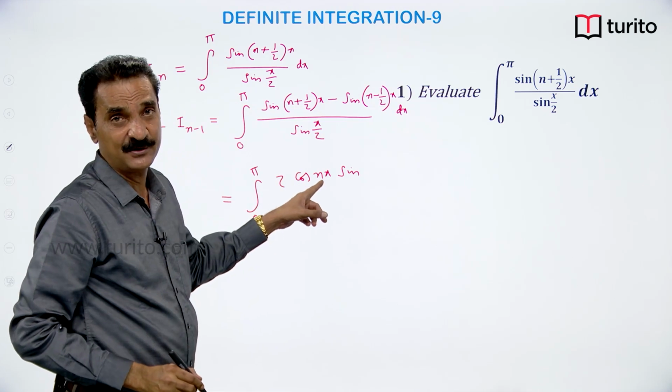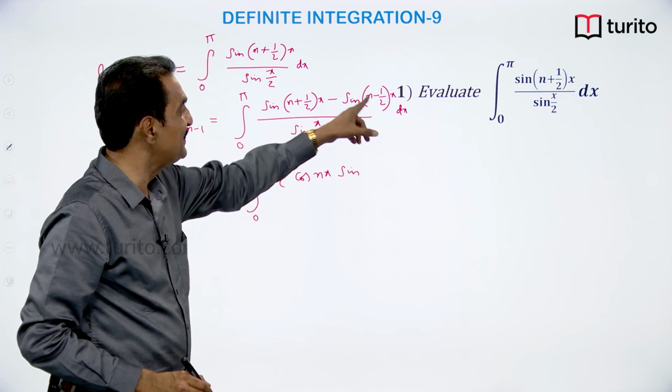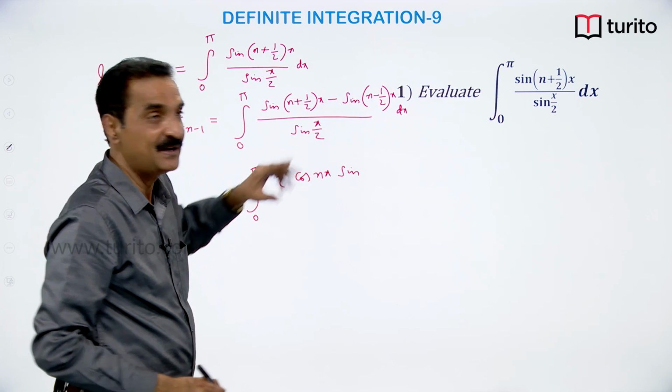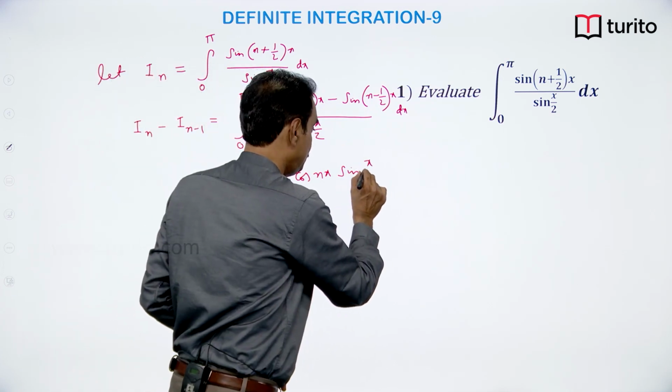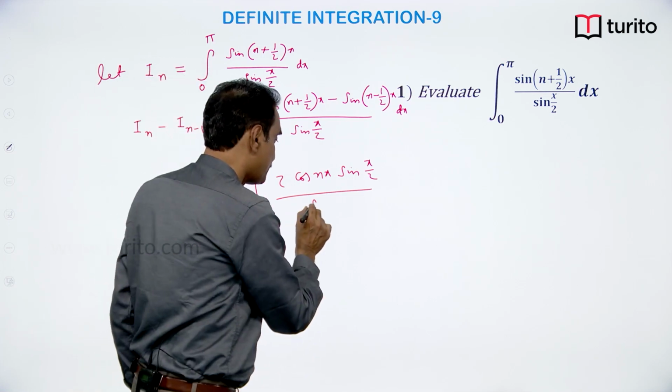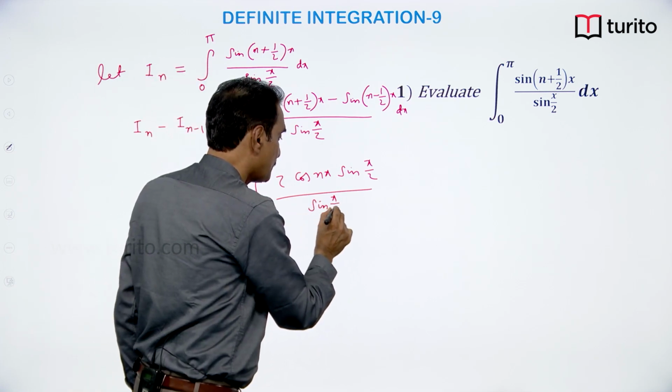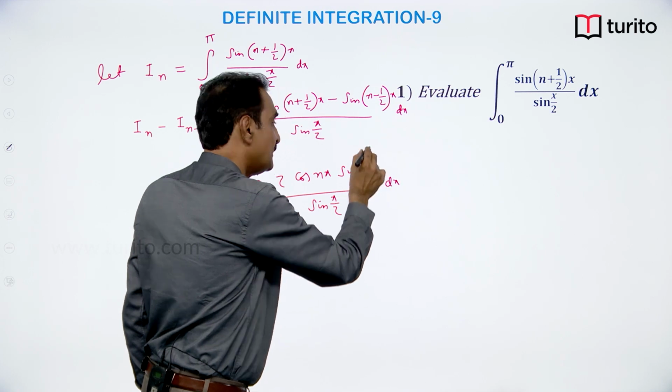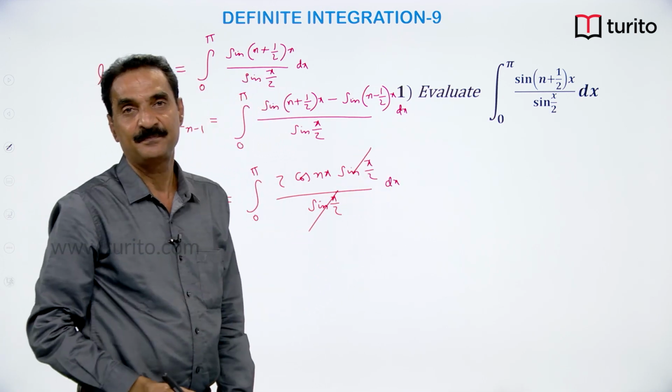Two cos c plus d by 2 sin c minus d by 2, this minus this by 2 will be x by 2, by sin x by 2 dx. What happens? Sin x by 2 cancels.